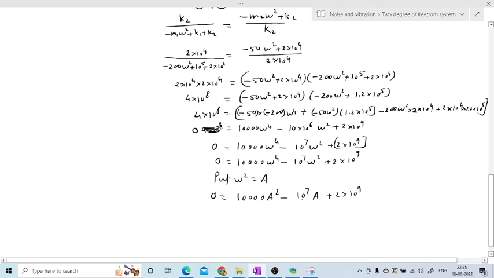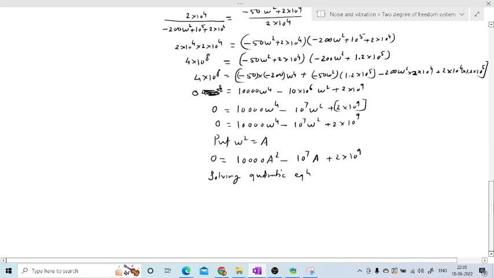So this is the quadratic equation. How to solve it? The solution a will be equal to minus b plus minus root b square minus 4ac divided by 2a.